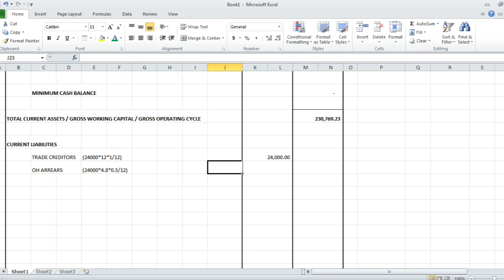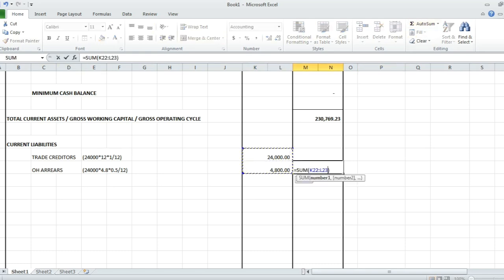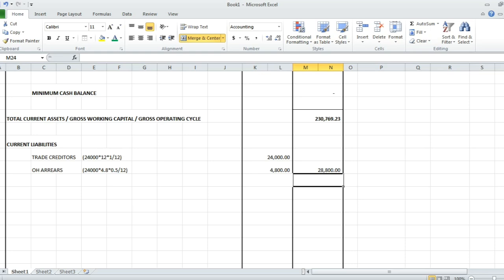So the value of the arrears overheads is 4,800 rupees. So total current liabilities value is 28,800 rupees. So now we can find the net working capital after deducting current liabilities from the current assets.